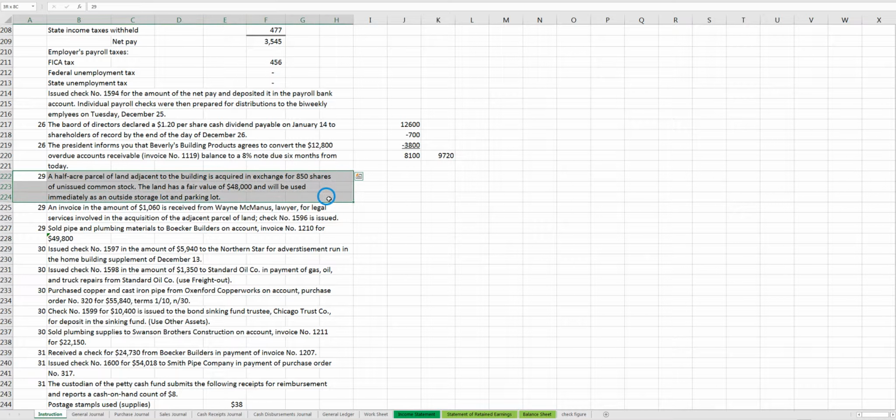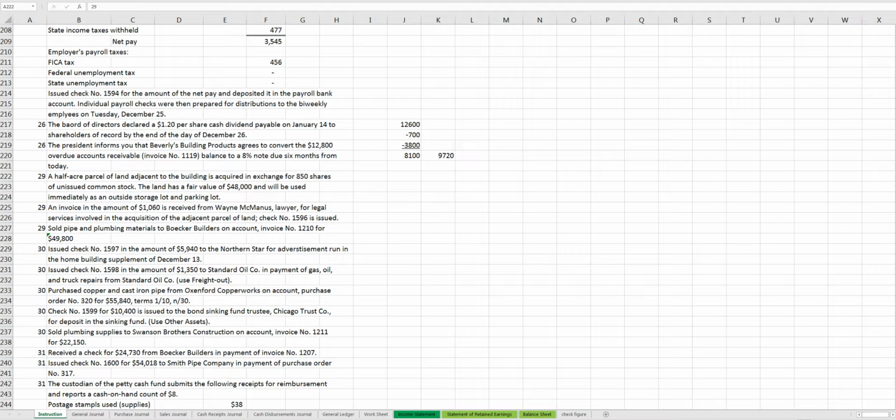And next, a half-acre parcel of land for the building is acquired in exchange for 850 shares of unissued common stock. Land has a fair value, right? So this is issuing stock for assets.